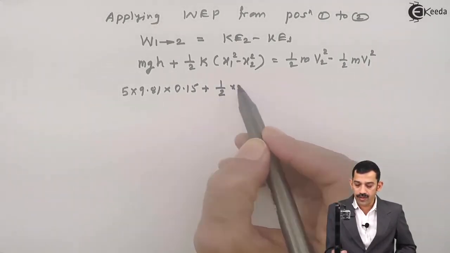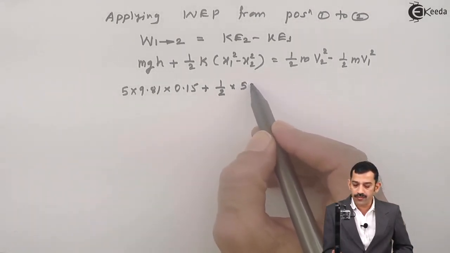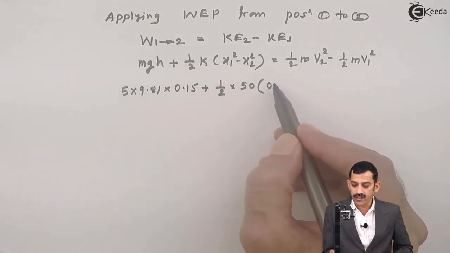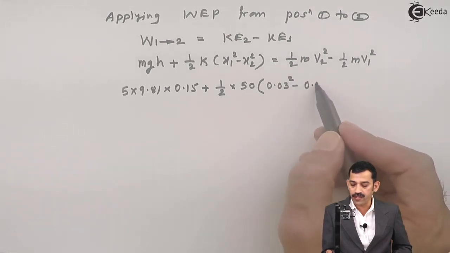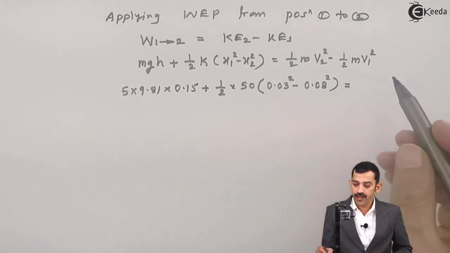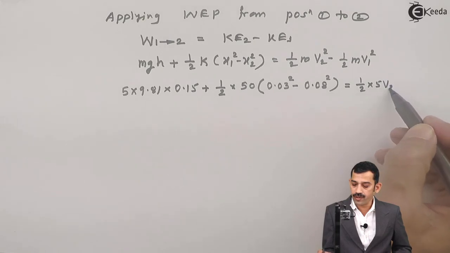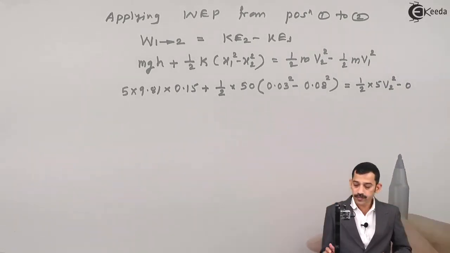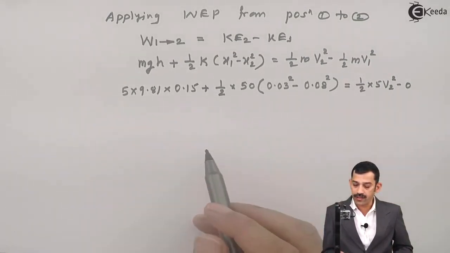The k value must be in Newton per meter, which is 50 Newton per meter. For x1, the initial deformation is 0.03 meters minus the final deformation of 8 centimeters, meaning 0.08 meters, equal to half. The mass is 5 kg, V2 square minus the initial kinetic energy, which is 0 because the initial velocity is 0.